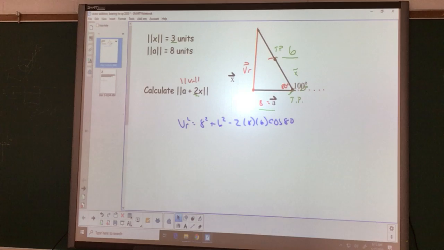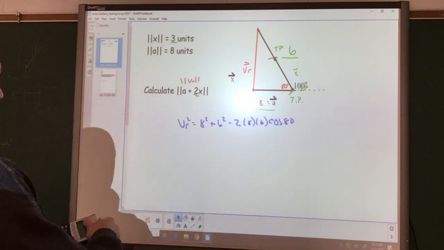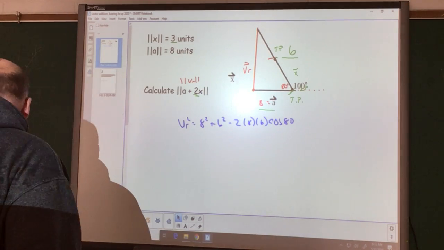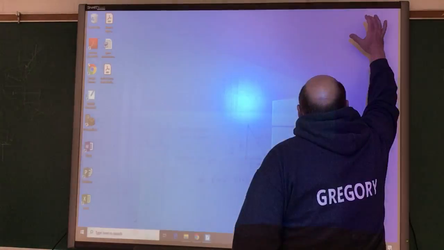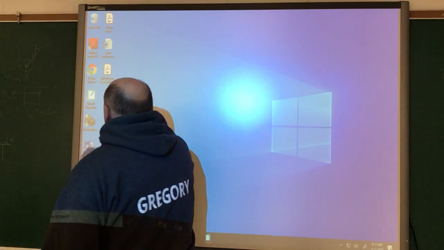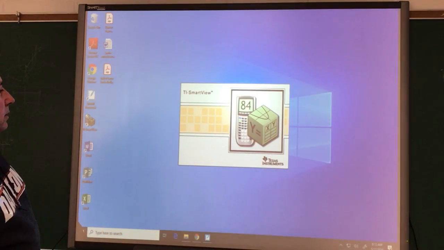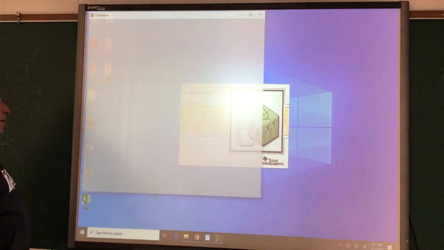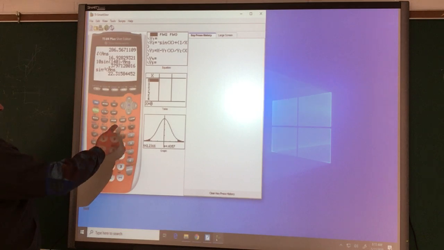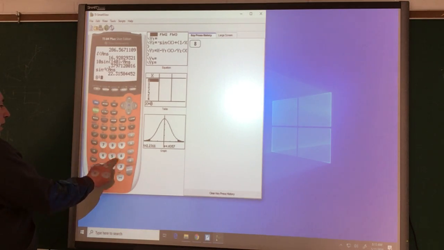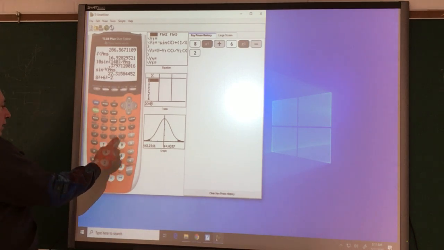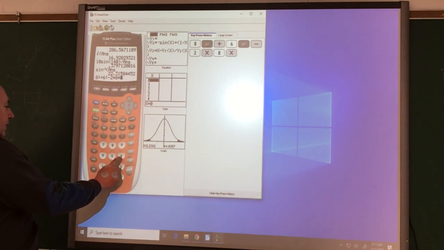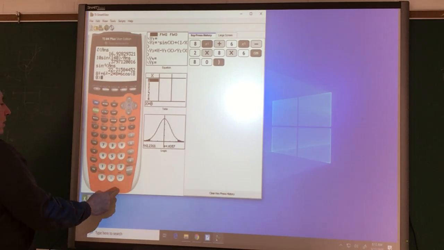And once again, you can click-clack it straight into your calculator. We could go straight into our calculator with this value. We don't have to do pieces parts. We could just type in 8 squared plus 6 squared minus 2 times 8 times 6 cosine of 80 degrees.